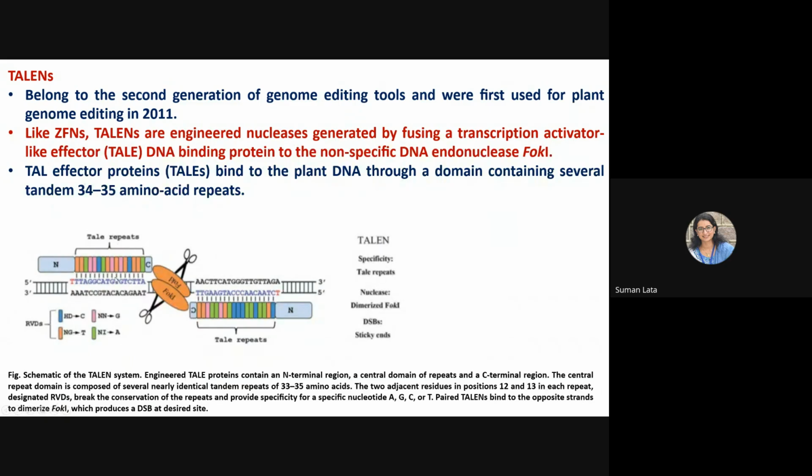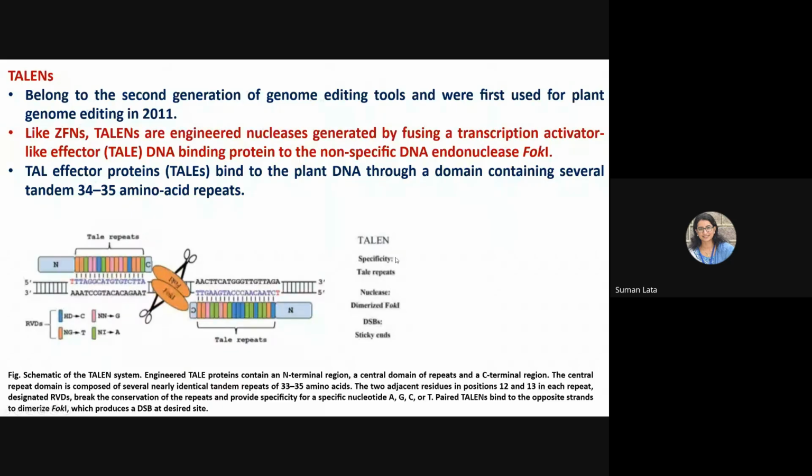These are the different TAL repeats, and they consist of different amino acids which bind to specific nucleotides. These TAL effector proteins bind to the plant DNA through a domain containing several amino acid repeats. 34 to 35 amino acid repeats are there, and you can see here in different colors that these amino acids bind to the different base pairs of the DNA.